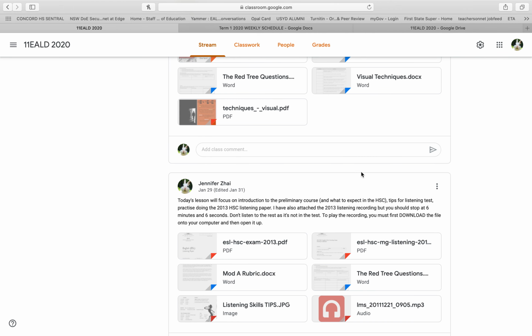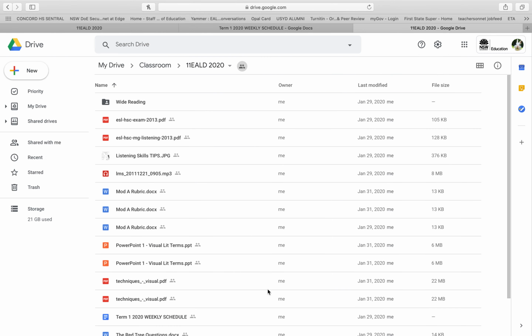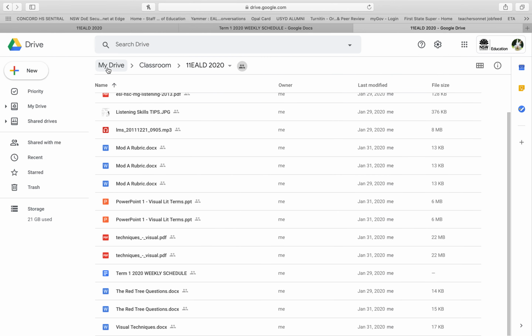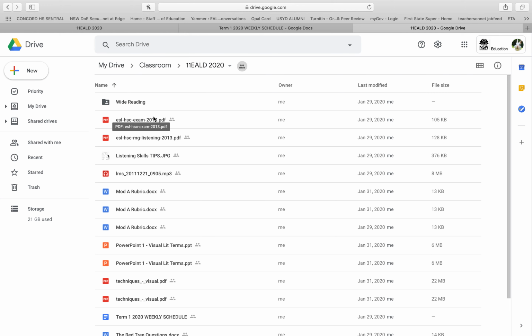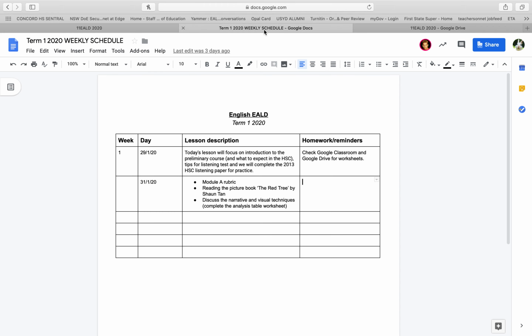Also, every time I upload something onto Google Classroom, it will automatically go into Google Drive here. So you can go to Google Drive, your classroom, the name of our classroom, and everything will be here. It's messy now, but I will make sure to organize them into folders so that you can easily find them.